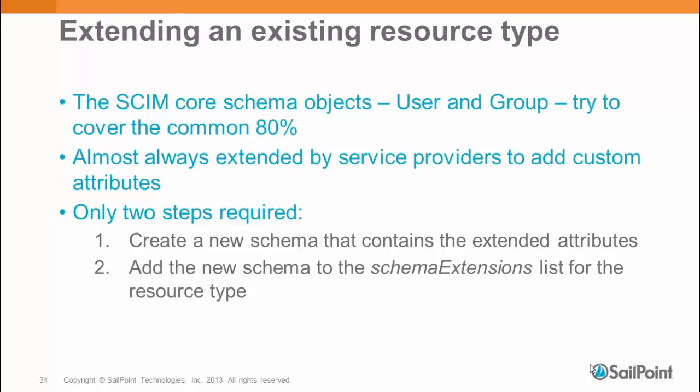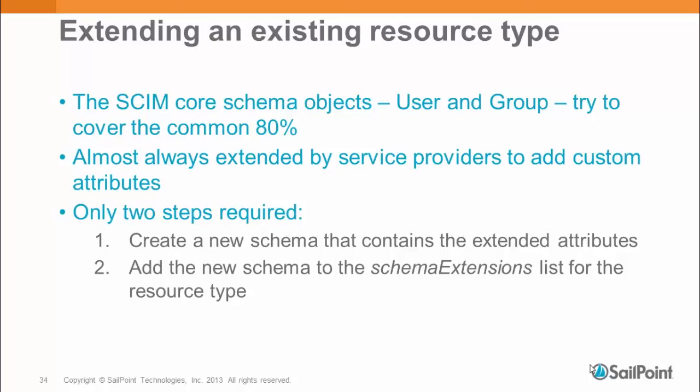Like I said before, the core objects that are in the SCIM spec were kind of aimed at supporting the common 80%, things that almost everybody is going to need to use. If there's things that we heard of that people said, oh, you should put this into the user schema, and only 20% of the population would be interested in that, or even 50% of the population, we said, no, let's either make that some common schema extension, or let's let a service provider come up with a custom schema extension.